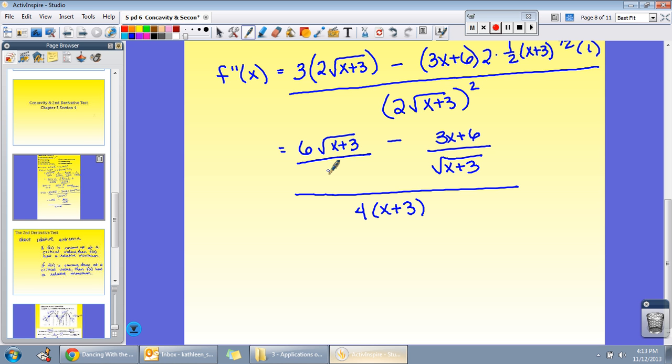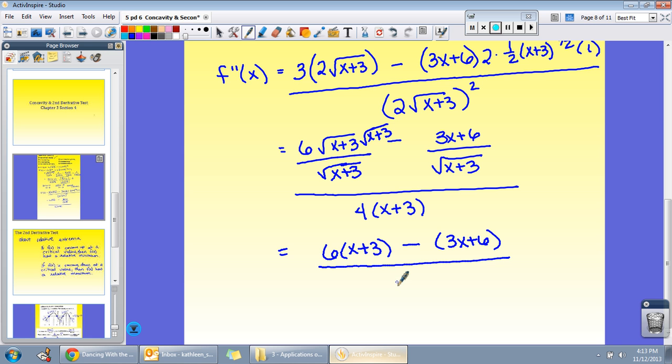So if I want to have a denominator x plus 3 times square root of x plus 3, I need to multiply the top and bottom by the same thing. So we're going to get 6 times x plus 3 minus 3x plus 6 all over the square root of x plus 3 all over 4 times x plus 3 over 1.